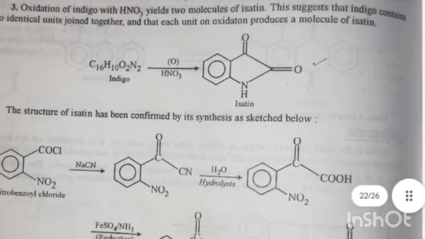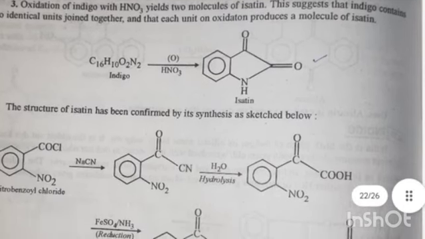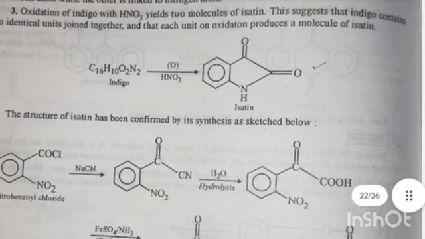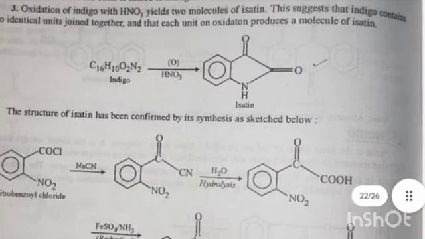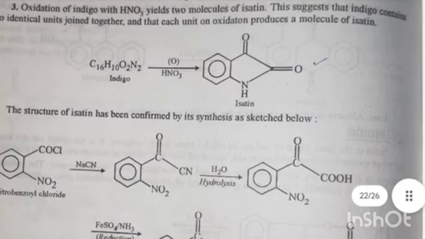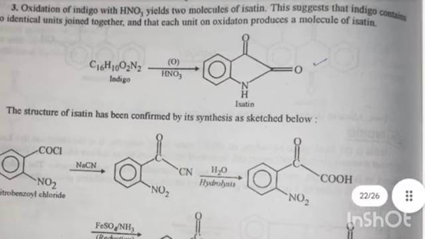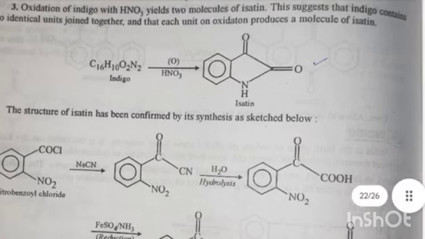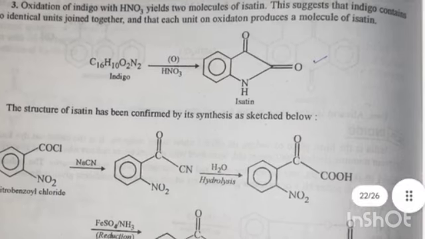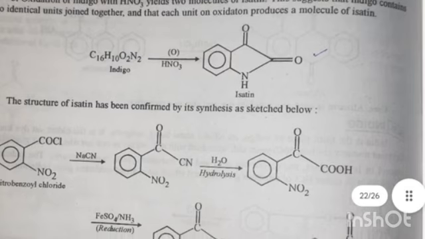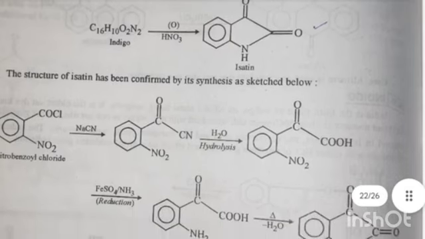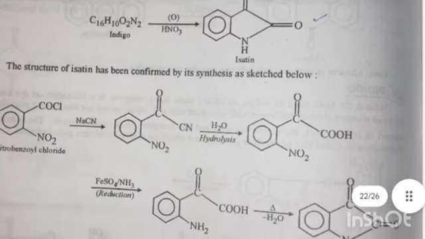Oxidation of indigo with HNO3 yields two molecules of isatin. This suggested that indigo contains two identical units joined together and that each unit on oxidation produces a molecule of isatin.